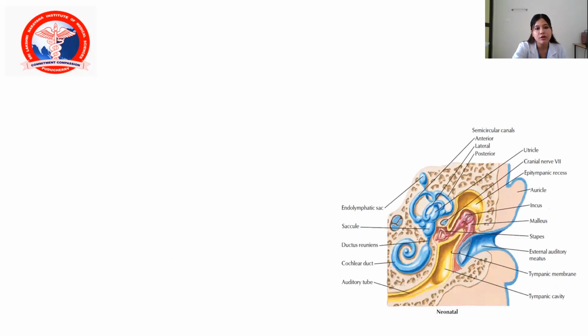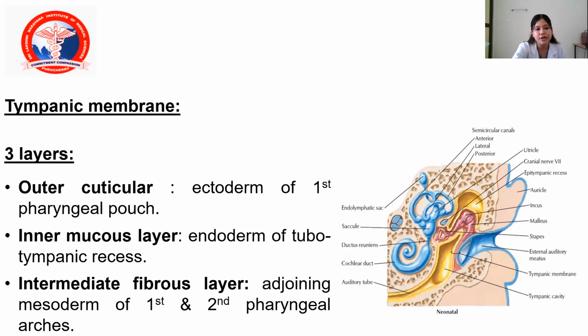Now let us see the development of the tympanic membrane. As I have mentioned already, it is the partition between the external environment and the internal environment. In this image, in this ring, blue color means the ectoderm, right?